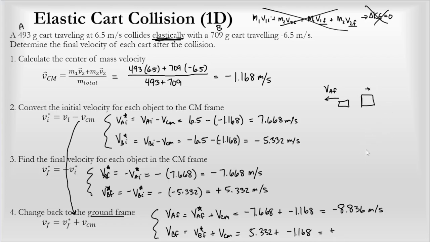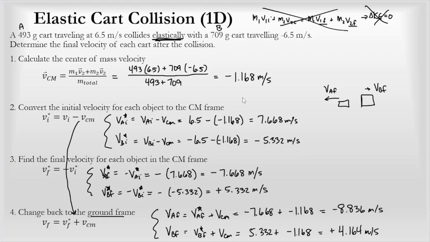It's bigger, so it's going to have a proportional momentum, but its speed is going to be smaller, positive 4.164 meters per second. It's going to have a smaller velocity in order to balance out. So it bounces off into the positive direction, VB final.